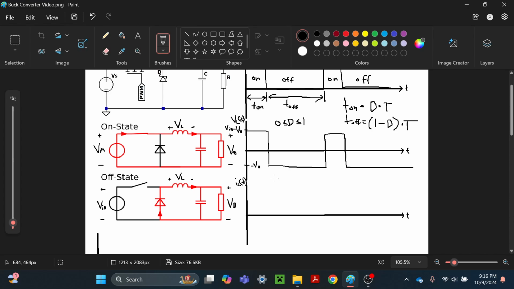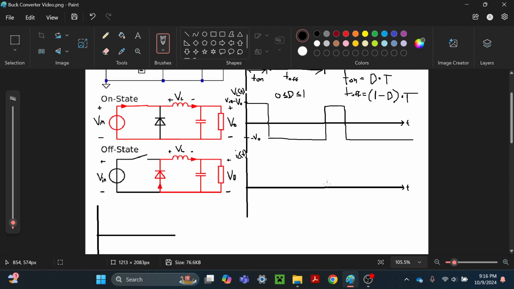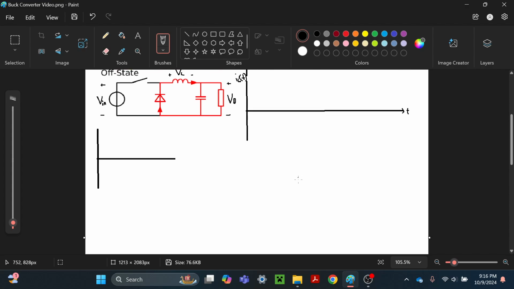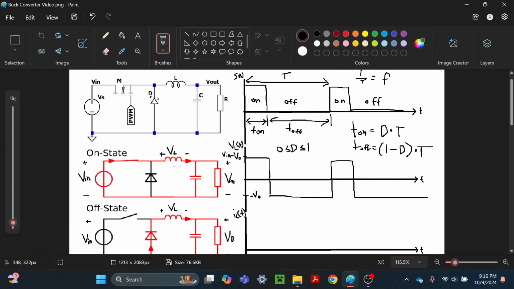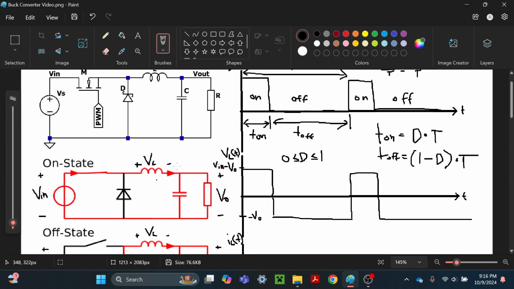So based on that, we can do some calculations of the transfer function now, based on the volt-second balance. From the volt-second balance, we're basically saying that the voltage across this inductor is going to be an average value of 0 as it's switching in steady state.